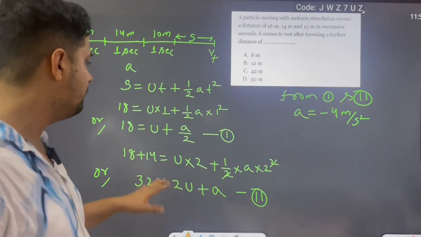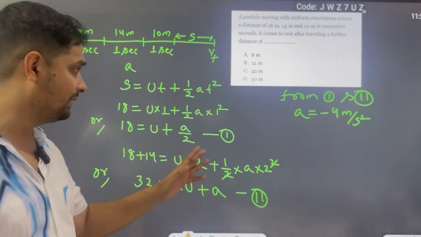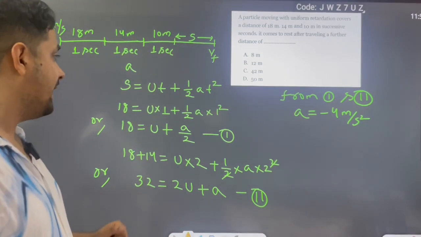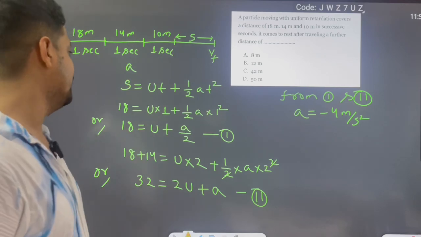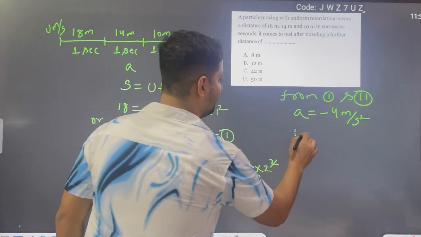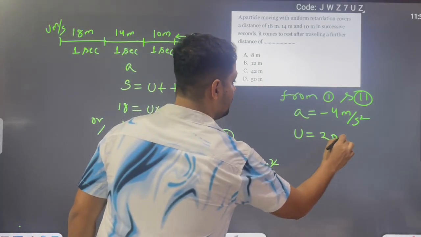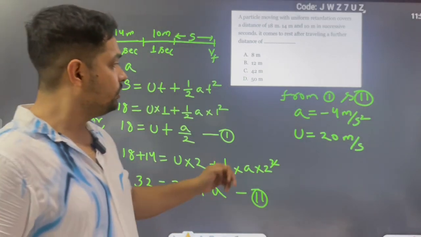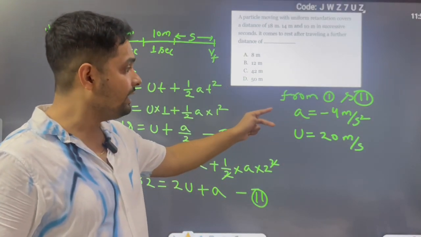You can pause the video and solve equations 1 and 2, and you will get this value: A equals minus 4 meter per second square. And if you put this A value in any equation, you will get the U value also, which comes to 20 meter per second. So now you have these two values, U and A.